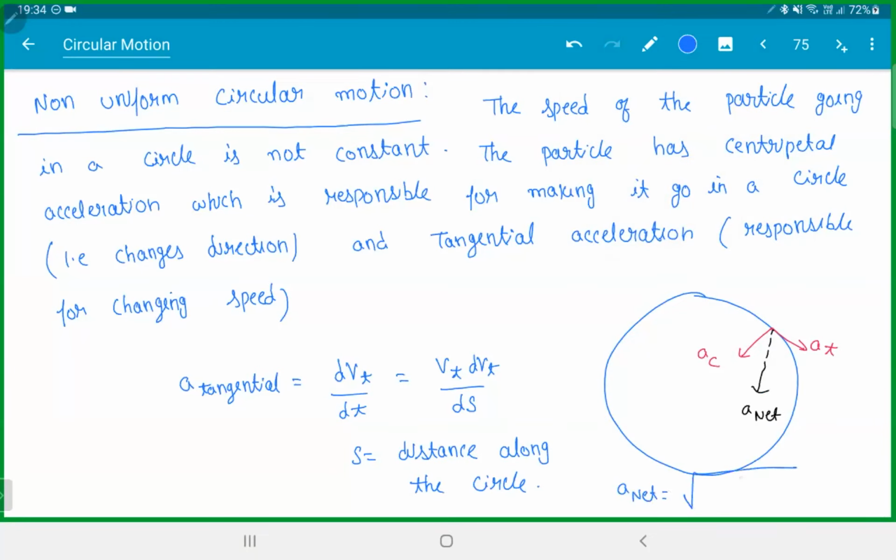Till now we ignored the A tangential. So A net will be the square root of AT square plus A centripetal square. Have a look at this. And one more thing, this A tangential can also be written as R alpha. We have done this in the beginning. Alpha is your angular acceleration.